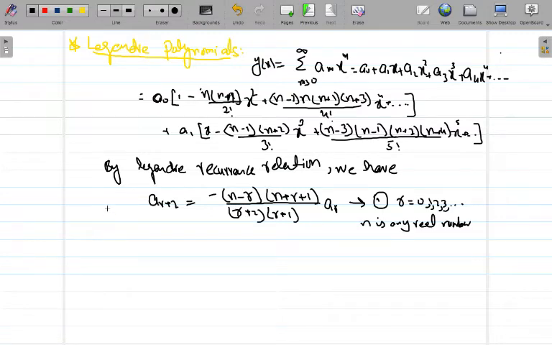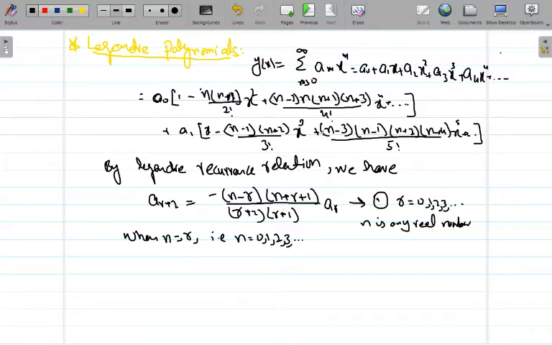So now we will derive these coefficients while using this formula, and we will check the Legendre polynomials when n is equal to r, that is n is equal to 0, 1, 2, 3 and so on, because r is also equal to 0, 1, 2, 3 and so on.